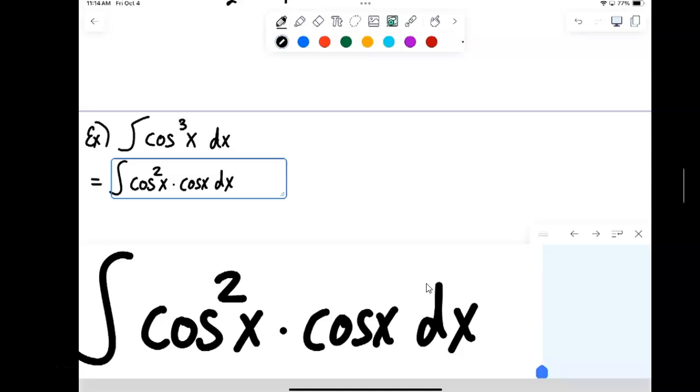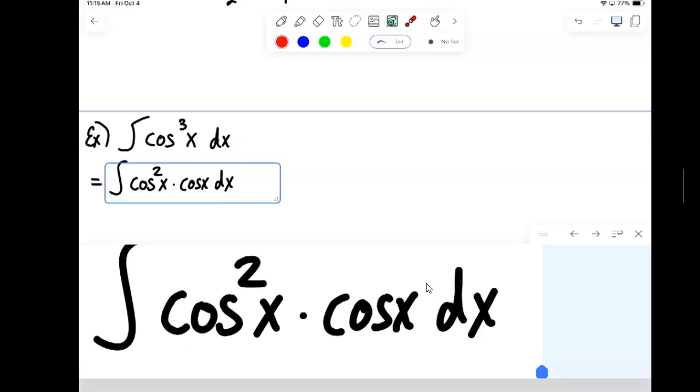Now I have this cosine x dx stuff with it. Cosine is the derivative of sine. So if instead of being cosine squared there, that was a sine squared, well, then I could let u be sine, and I would have its derivative ready to carry through.